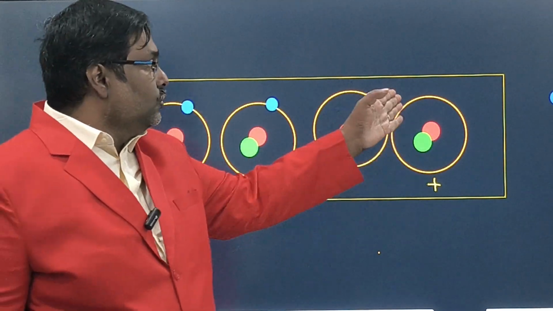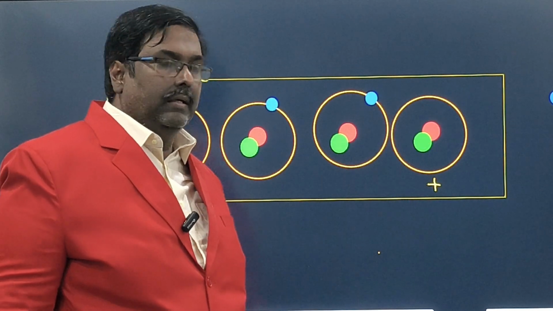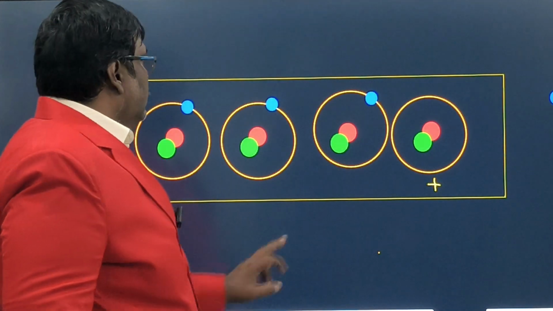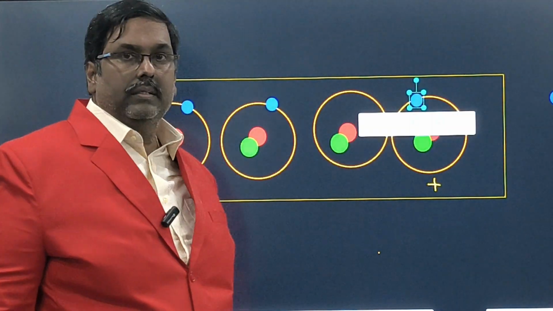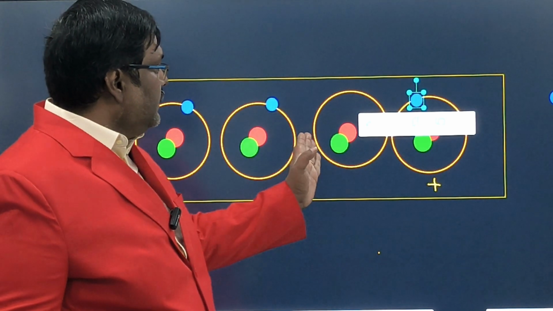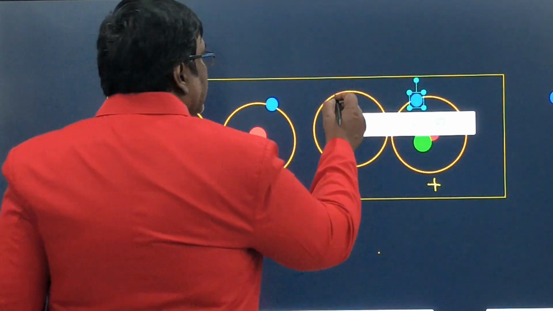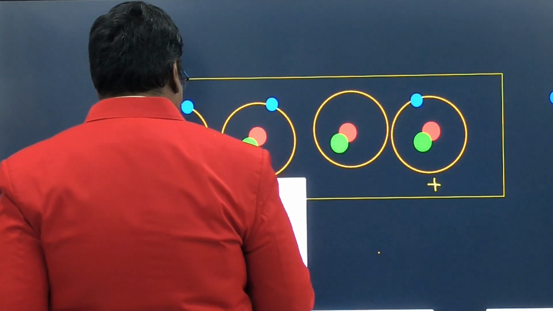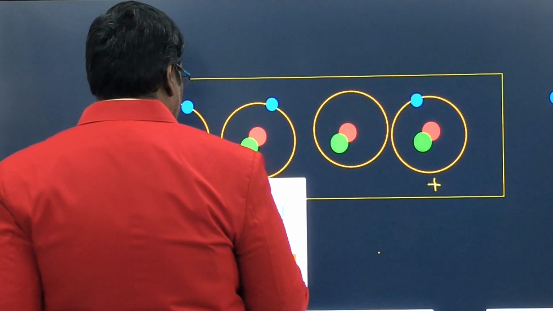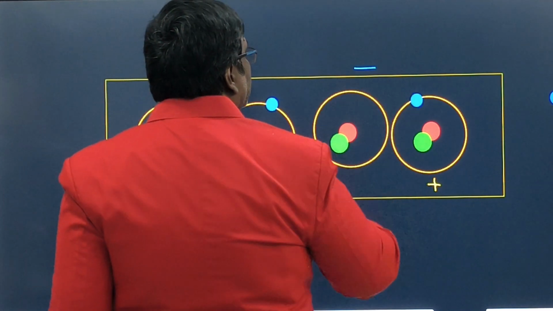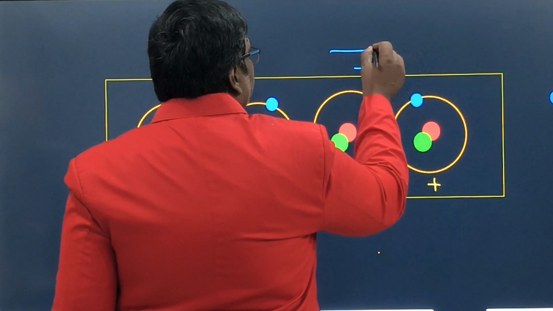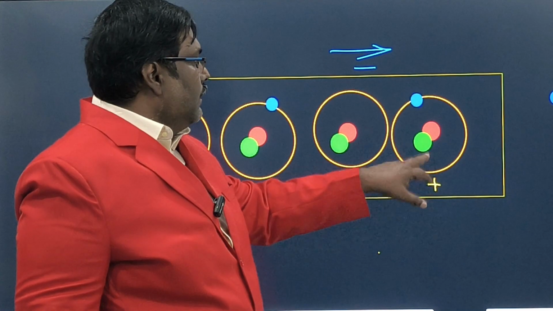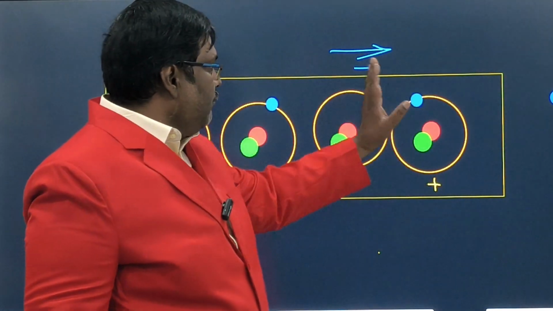What will it do? It has already lost one electron, and that electron will not come back. So it takes the electron from the next one. It will pull the electron from here. So this negative charge is going this side. First the negative charge was here, sorry, the negative charge went out, it is pulling from here.